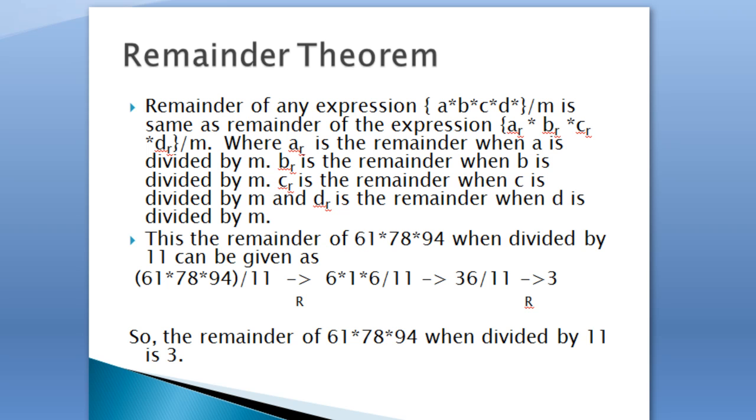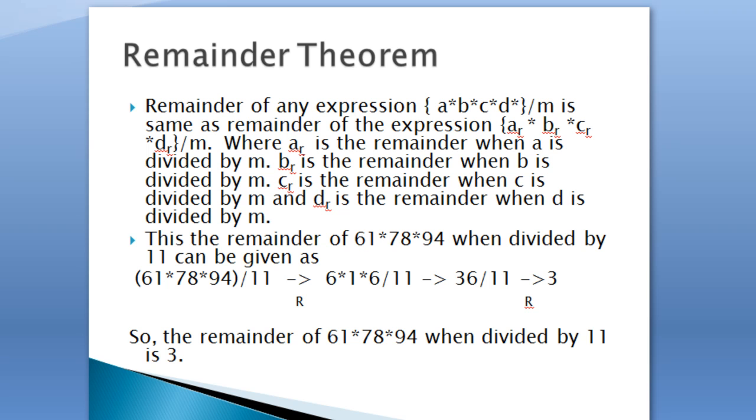So what does it really mean? Let's say you have a very large expression where you have numerator and denominator. You are trying to divide by the value in the denominator and find out the remainder of that complete expression or fraction.